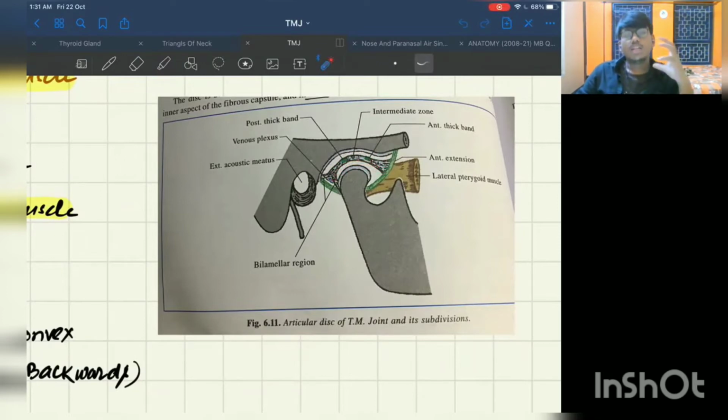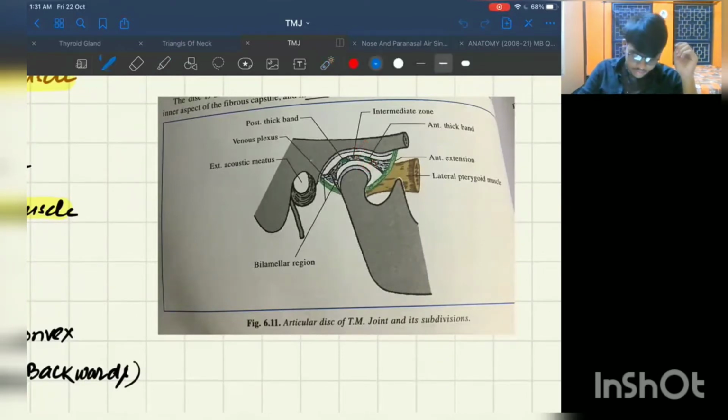So the articular disc is concavo-convex in its upper surface and concave in its lower surface, right? This disc separates the joint cavity into an upper compartment and a lower compartment.